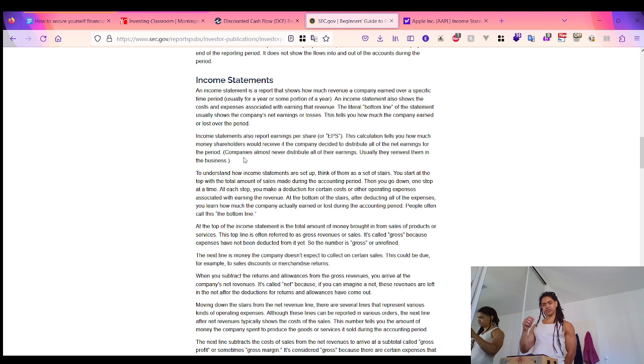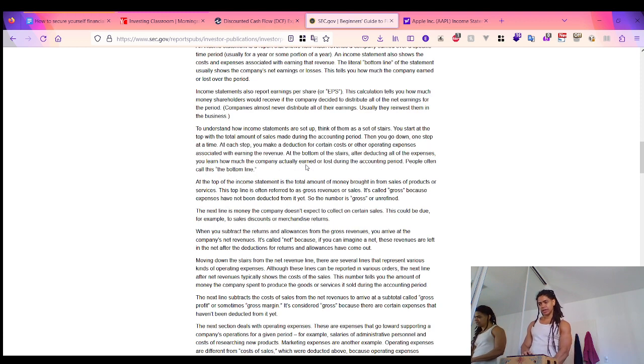So the number is gross or unrefined. The next line is money the company doesn't expect to collect on certain sales, for example sales discounts or merchandise returns. When you subtract the returns and allowances from gross revenue, you arrive at the company's net revenue.